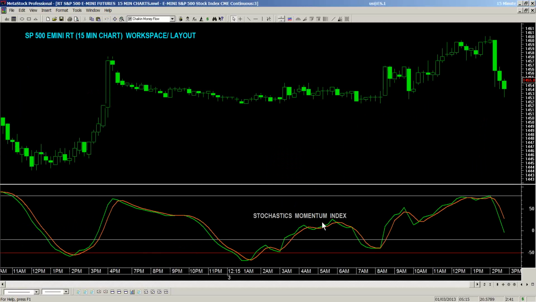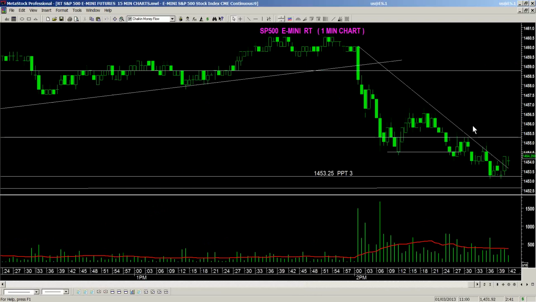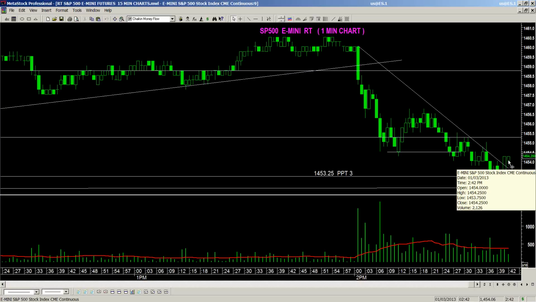Looking at the stochastics, one would tend to stay in the trade where there is so much momentum available to the downside. Here we are, marked to the market at 1454.25. Confirm 1454.25.